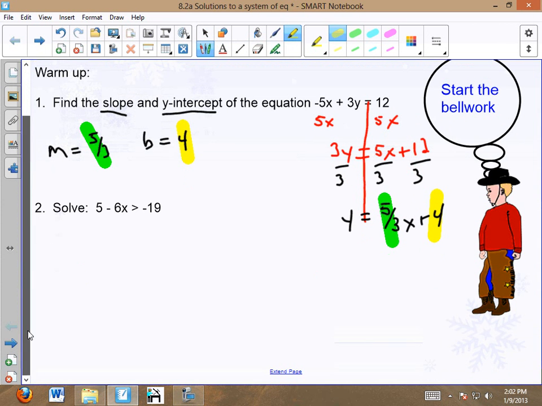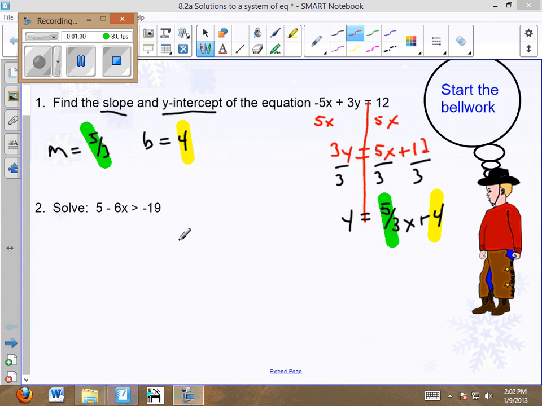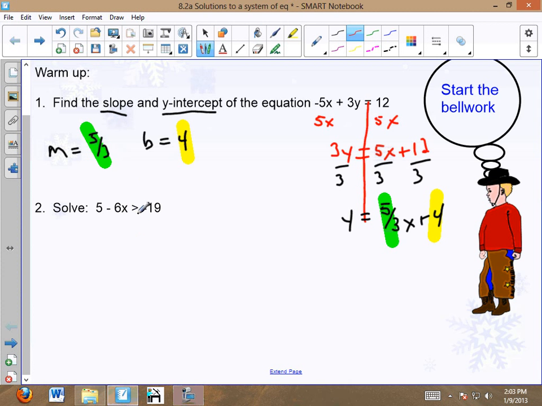All right, number 2. It's an inequality. So we're going to subtract 5 from both sides. Notice how my work is neat. It's right underneath where it needs to be. There's a line.